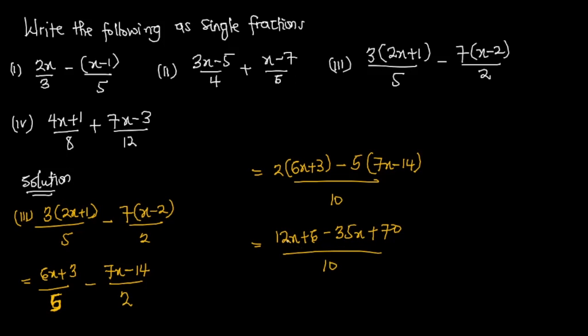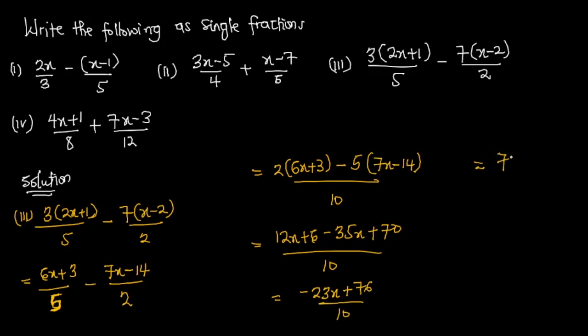Now if you look at it, we have 12x, we have negative 35x. So 12x minus 35x will give us negative 23x, and then I have 6 plus 70, that will give me 76 over 10. Okay, so from here I can rearrange this so that I have the 76 coming first.